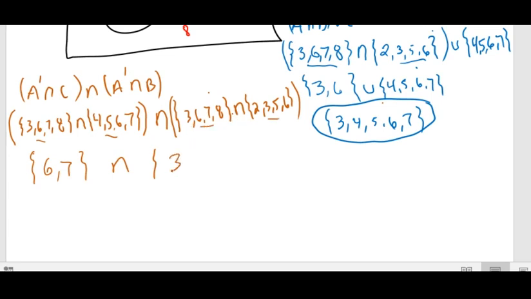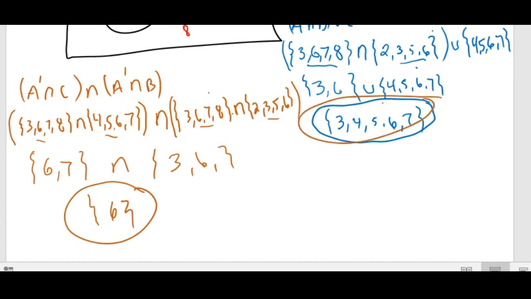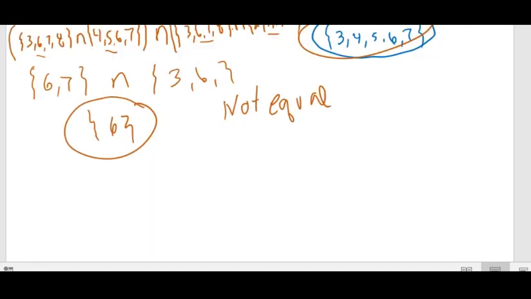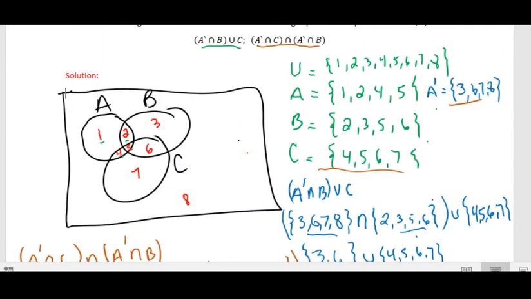So we have 3, 6, and that's it. So now the intersection between these two is going to be 6. What you want to compare is your result here and your result here. Are they the same set? And the answer is no. So we say that this is not equal.